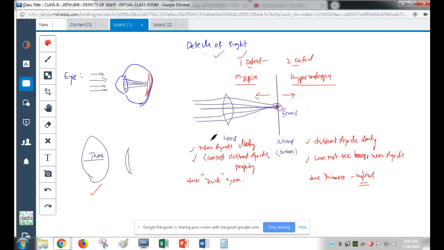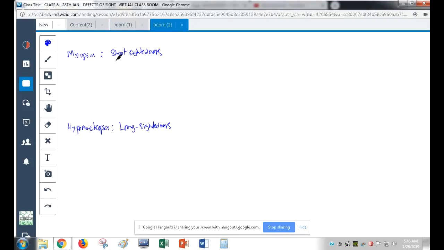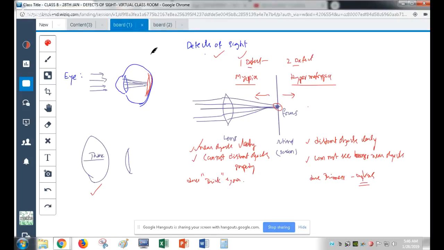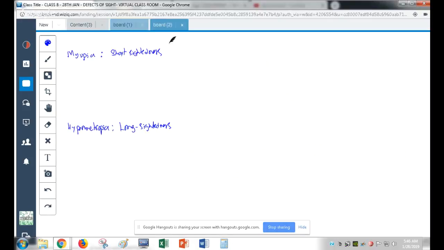Because they see near objects clearly. That is why they are having short-sightedness. With hypermetropia, they cannot see nearby objects clearly. That is why it is called long-sightedness. So, what lens do we have to use?